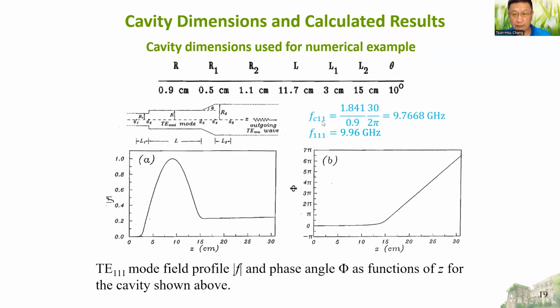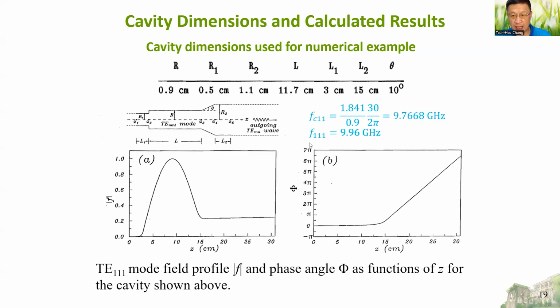For the cutoff of TE11, the cutoff frequency should be here. Radius 0.9 centimeter is here. Substitute this x chi-mn over 2 pi times 30, so we got the cutoff frequency.